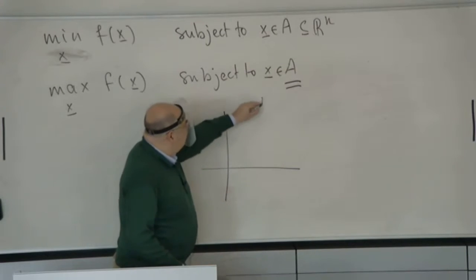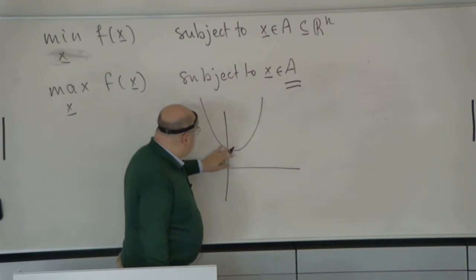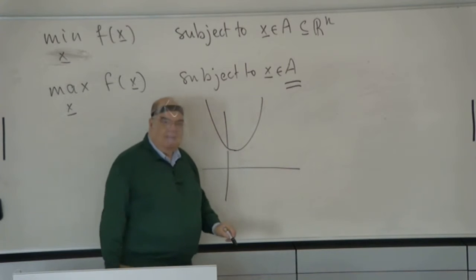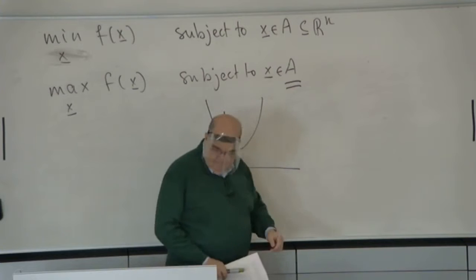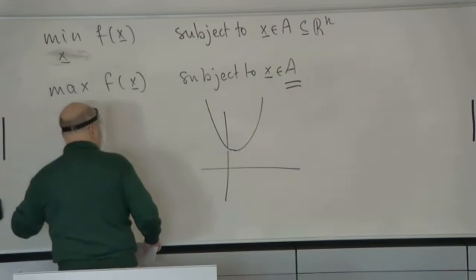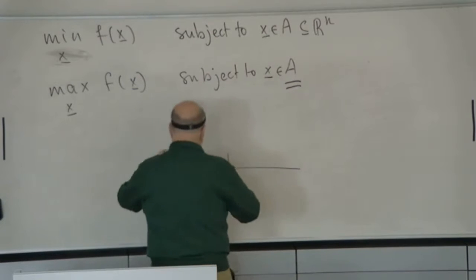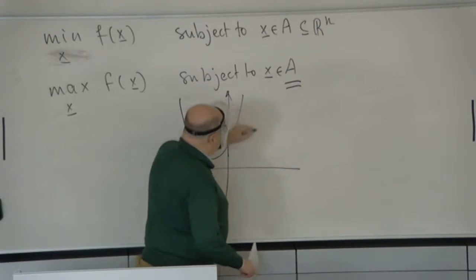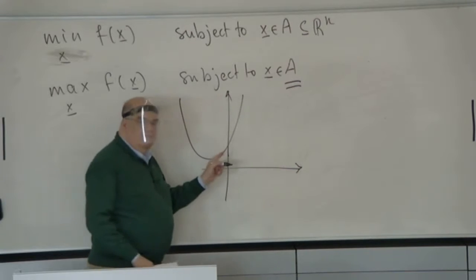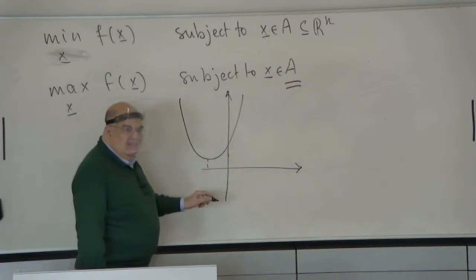So say that you are given a parabola like this, and you want to find the minimizer for the function here. Of course, this is something obvious.